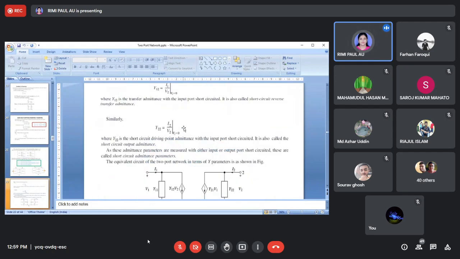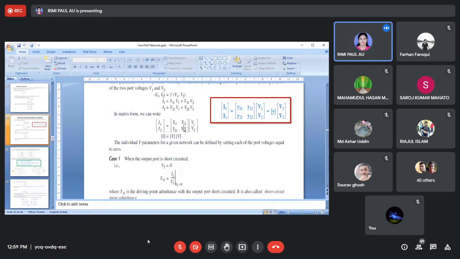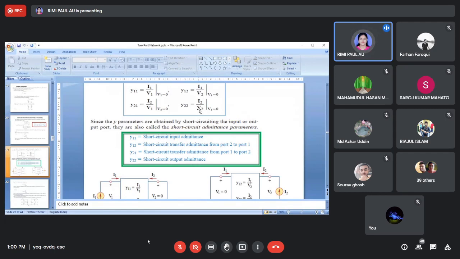Here you can see that this Y12 V2, if I take this one, this is a current source, and this is a current source, right? Because current is equal to, we can write I1 is equal to Y12 V2. So this is a current source. Okay, so we can replace it in this way.